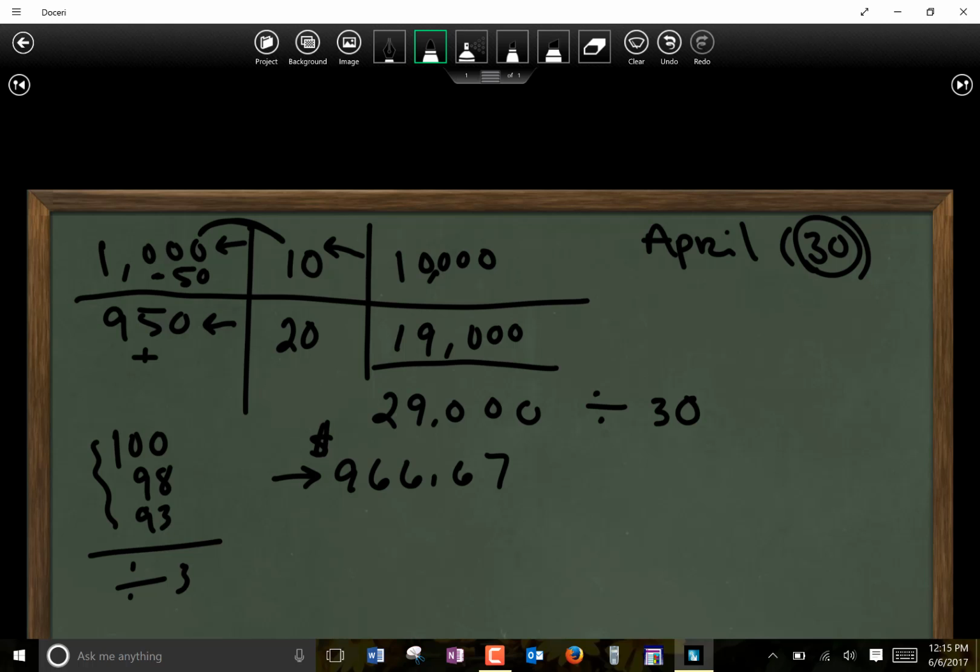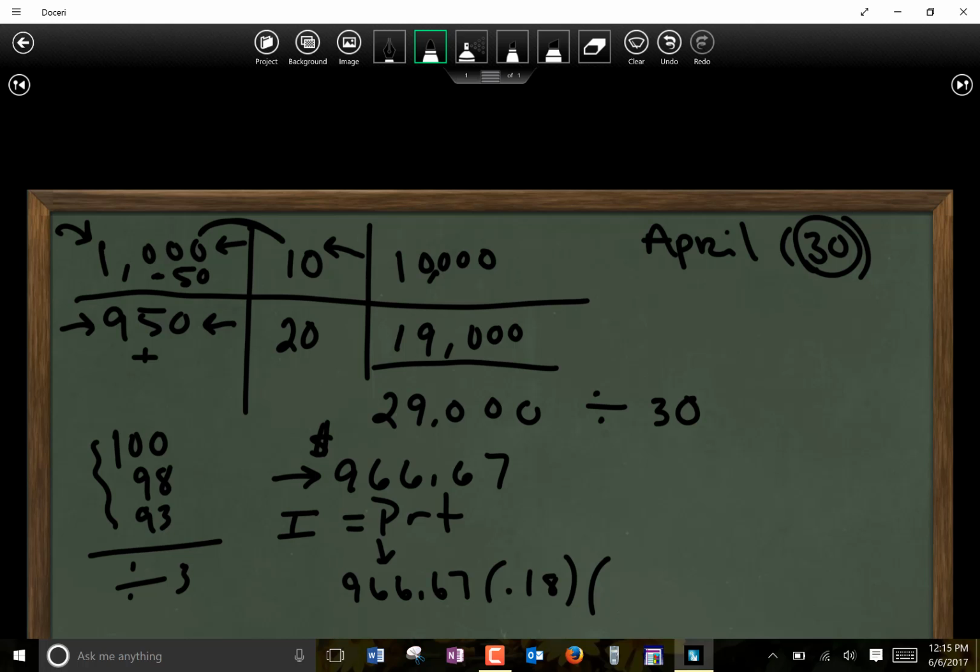Now, before, we found the interest by taking the 1,000 and multiplying it by the 0.015, or the 950 by the 0.015. In this one, since this is average daily balance, what we do in our formula for I equals PRT is we use the average for our principal. We use the interest rate that they gave us, the yearly interest rate.